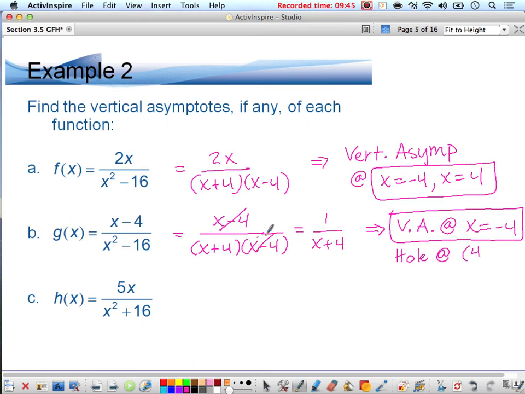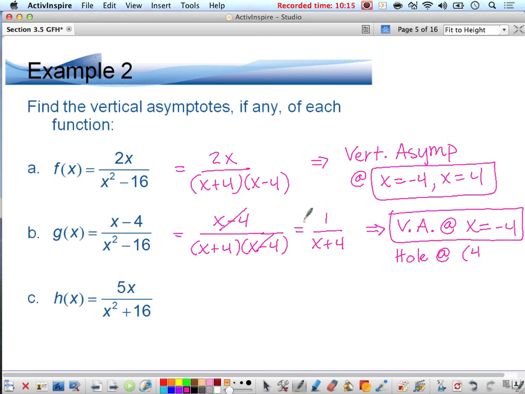Do you understand that? Positive 4 over here. Do you see that? Canceled out. It didn't make an asymptote, but it's still a restriction. Positive 4 is a restriction. But when a restriction cancels, it produces a hole at that value, comma, whatever the y value is if you plug that number into the reduced function.